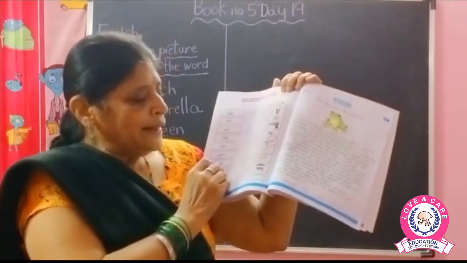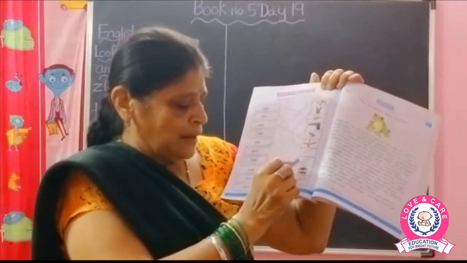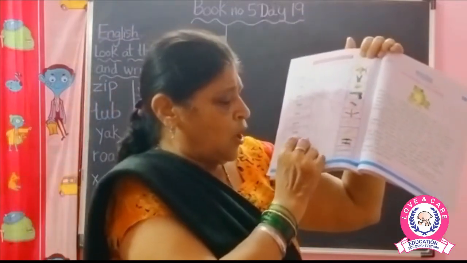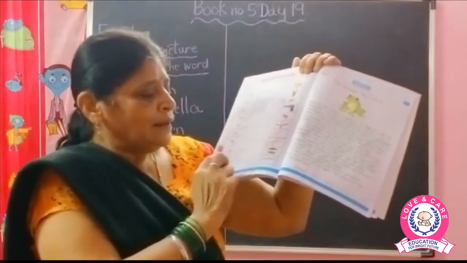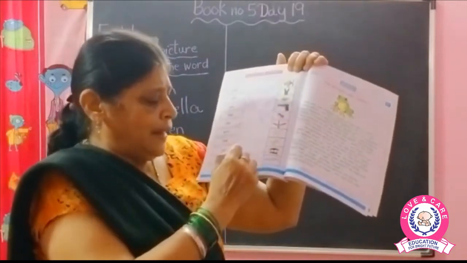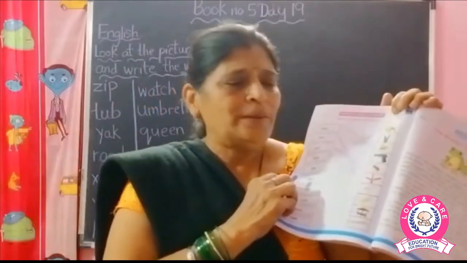Tag. T-A-G, tag. Cot. Where is cot? C-O-T, cot. Where is hat? Net, N-E-T, net. So children, you have to match the picture with the letters.